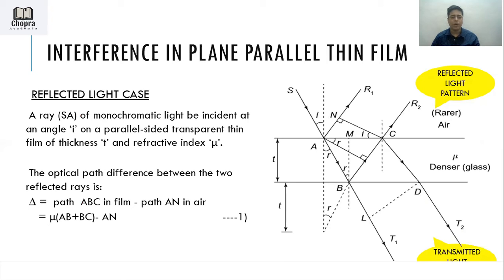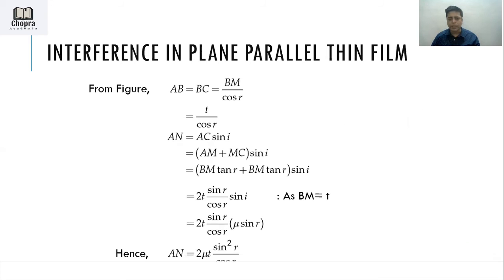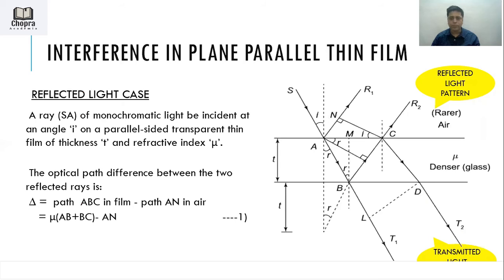So in the diagram the incident light SA falls on the thin film and then gets reflected as ray AR1, and again gets refracted.